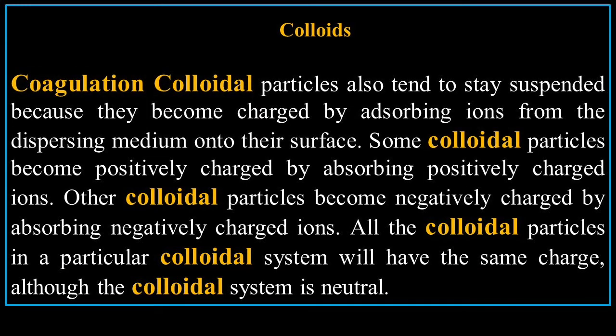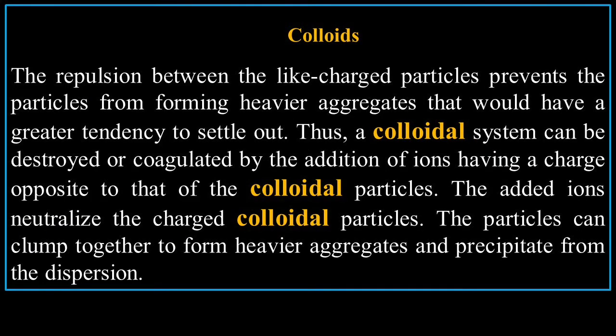Coagulation: colloidal particles also tend to stay suspended because they become charged by absorbing ions from the dispersion medium onto their surfaces. Some colloidal particles become positively charged by absorbing positively charged ions. Other colloidal particles become negatively charged by absorbing negatively charged ions. All colloidal particles in particular colloidal systems will have the same charge, although the colloidal system is neutral.